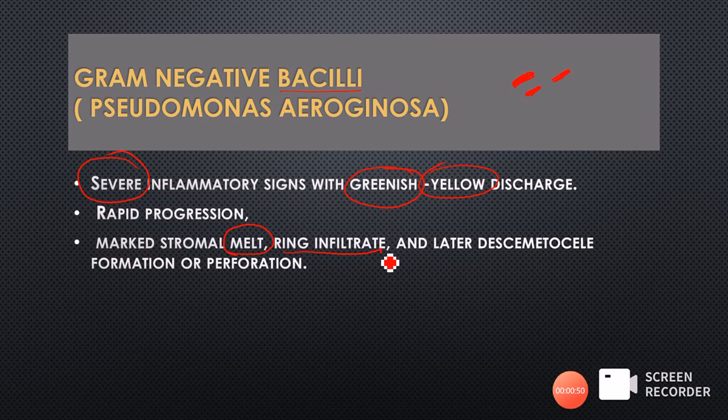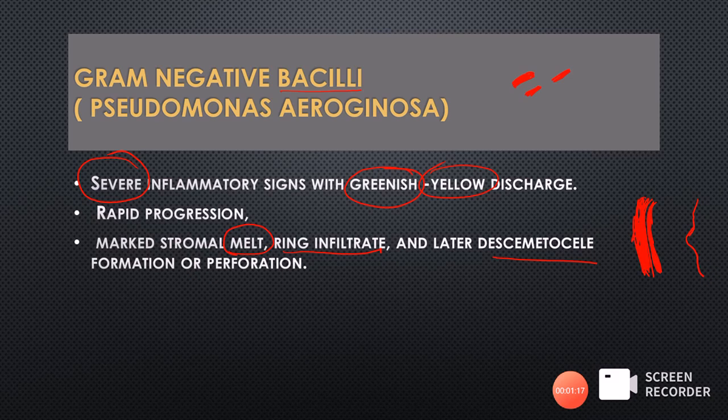The melting of the stroma can be so much that the entire stroma might get melted and you are left with only the Descemet membrane, because the Descemet membrane, as I told you in anatomy of cornea, is resistant to enzymatic digestion, and therefore you will have a descemetocele. That means the entire stroma will be gone and you will have just the Descemet membrane plugging the perforation, and that is called descemetocele formation.